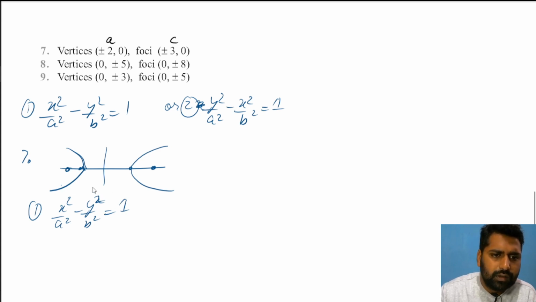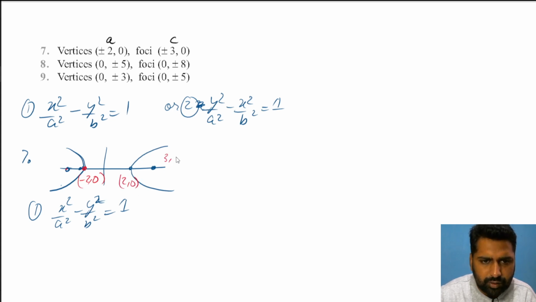So let's solve the first one. Vertices are at minus 2 comma 0, 2 comma 0. Focus at 3 comma 0, minus 3 comma 0.